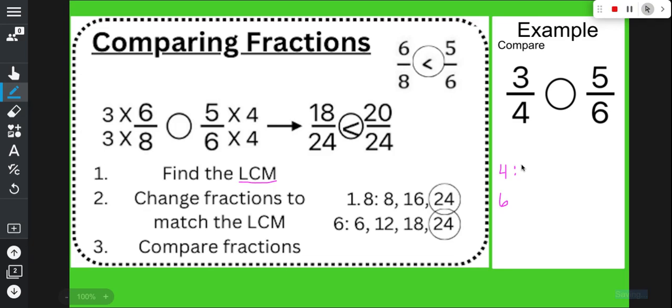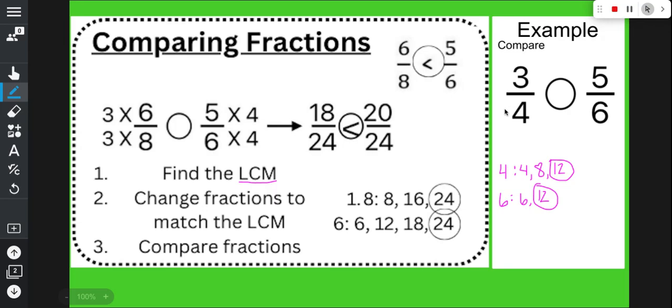So if I look at my 4, I have a count by 4, and then I have 8, and then I have 12. Now I can stop at 12 because I already know that 6 can become 12, because I have 6 and then I have 12. So 12 is my LCM, my least common multiple, the smallest multiple that both of these numbers share.